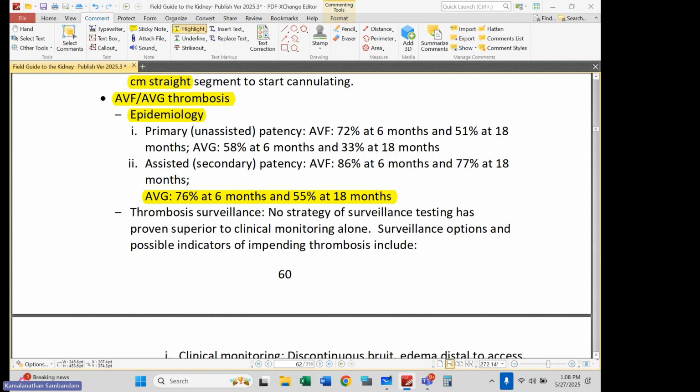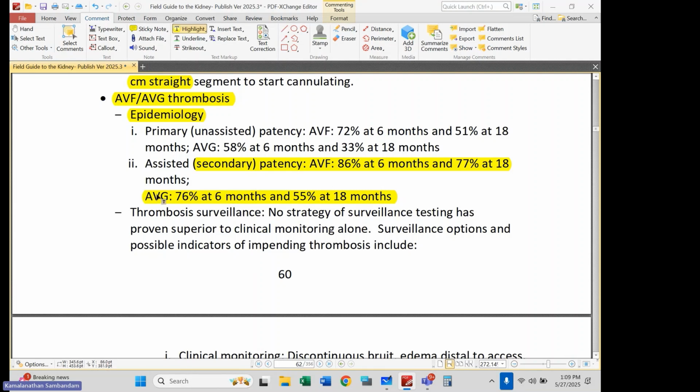And then at 18 months, you can see that these are actually your secondary patency rates. You can see that, well, this is for your AV fistula. You can see that your fistulas are generally going to be working most of the time at 6 months and at 18 months. But this is really saying that, sorry, I've given you the wrong information here.